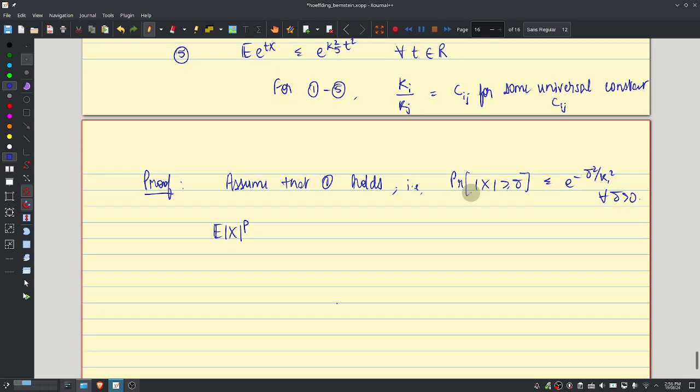Okay, given that this holds, any guesses as to how you can derive or get a bound on the expected value of mod x to the power p? As a hint, you need to use something from your first homework.